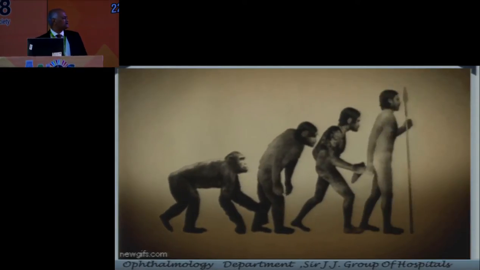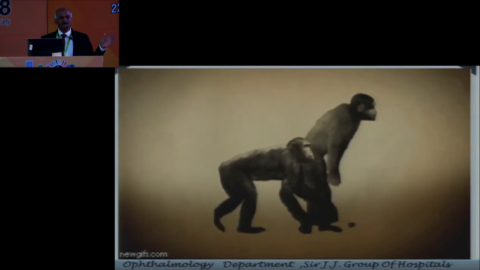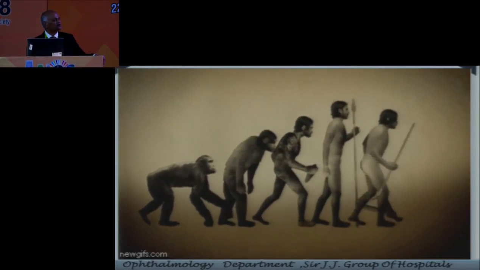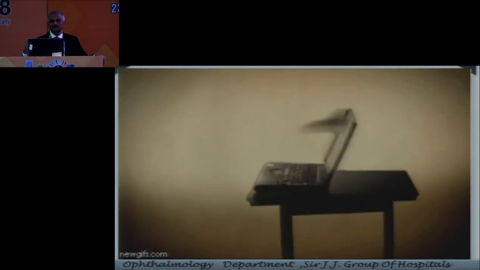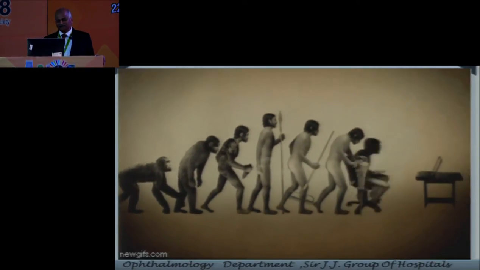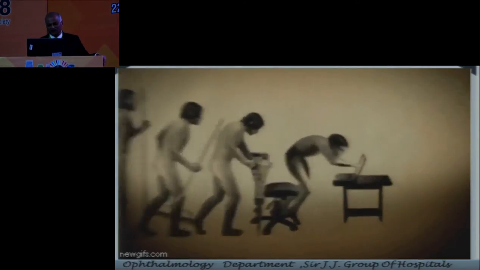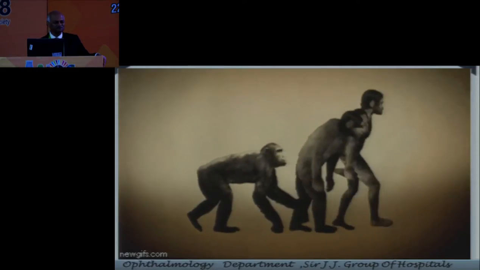Now see, if you think of the evolution, as you know, gradually we were doing intra, then extra, then we came to SICS, then we came to Phaco, and after Phaco now we have gone to the femto.